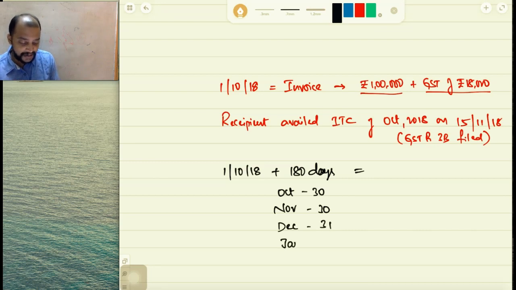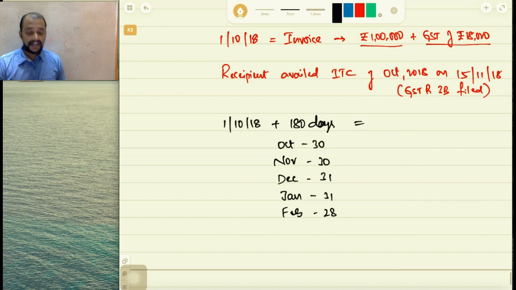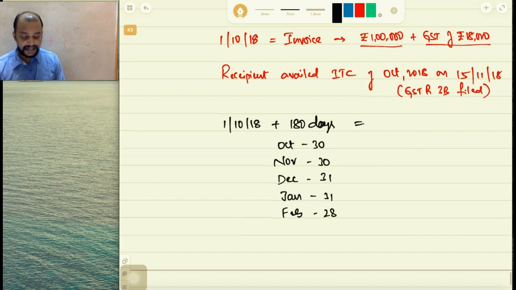And in January, 31 days. And in February, 28 days. So total how many days? So 30 plus 30, 60, 90 and 120, 150 days exactly. So therefore in March it is 30. That is the 180th day.